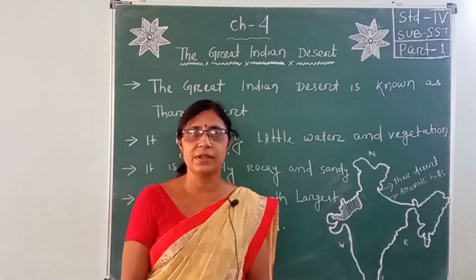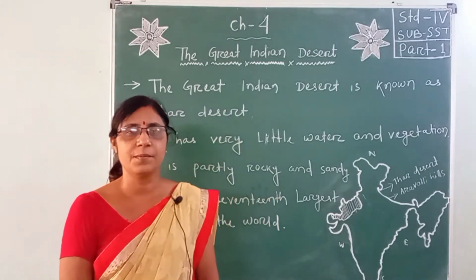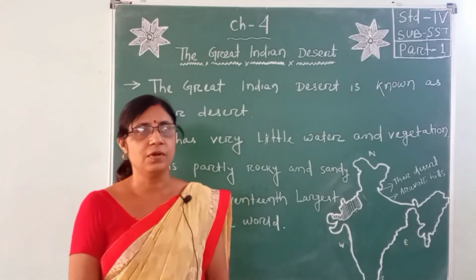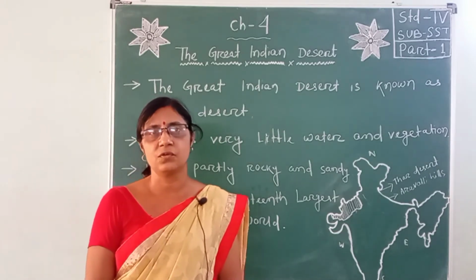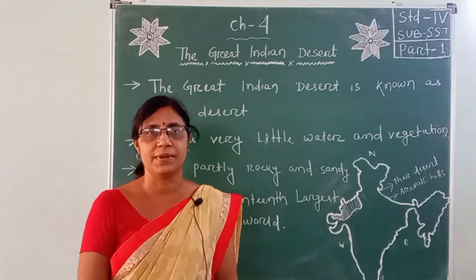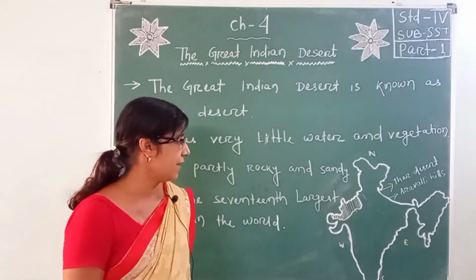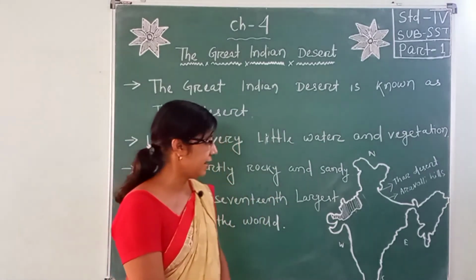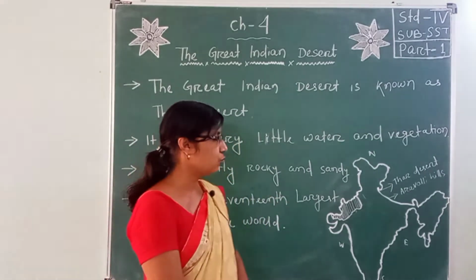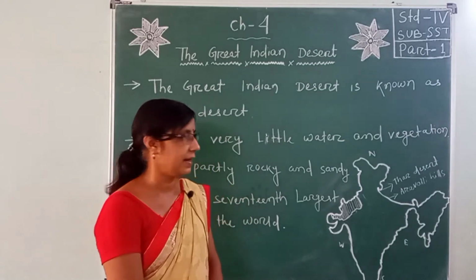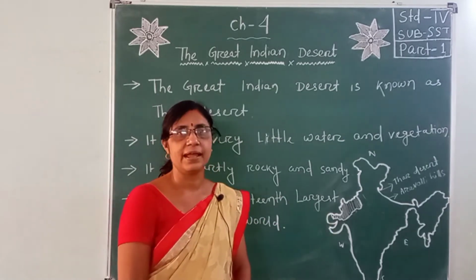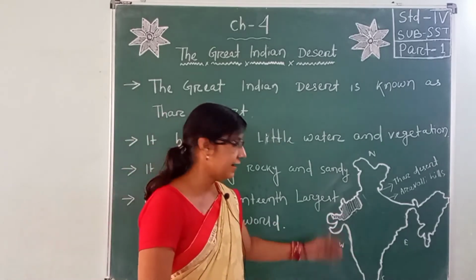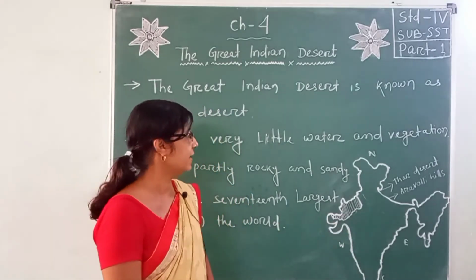Today we are going to read chapter 4 and the name of the topic is the Great Indian Desert. The Great Indian Desert is also a main physical feature of India. Look at the map. If we see the map of India, we will see that to the southwest side of the northern plain there is a vast area covered with sand, and it has very little water and vegetation.